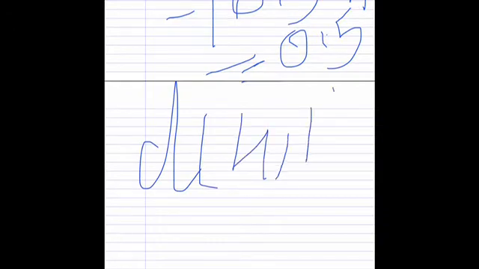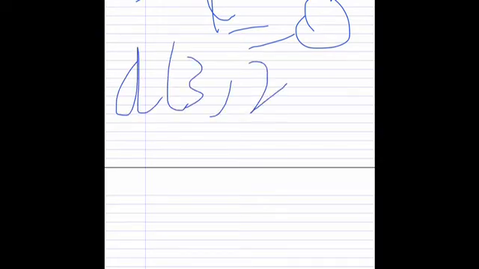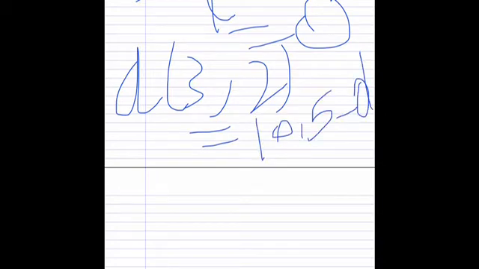Then we will calculate the distance between 4 and 1: 1 minus 1, absolute, equal 0. Then we will calculate the distance between 3 and 2 equal 0.5 minus 0 equal 0.5.